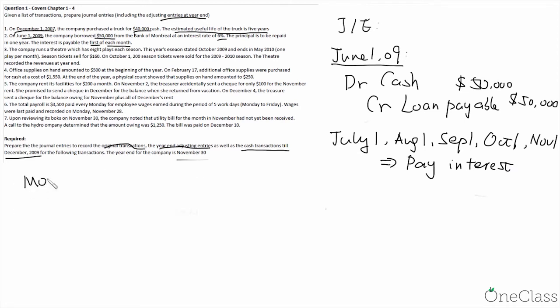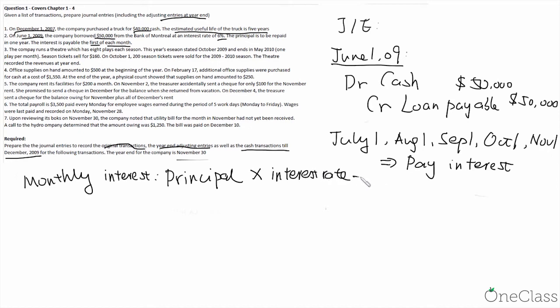The monthly interest equals our principal multiplied by the interest rate and divided by 12 months.